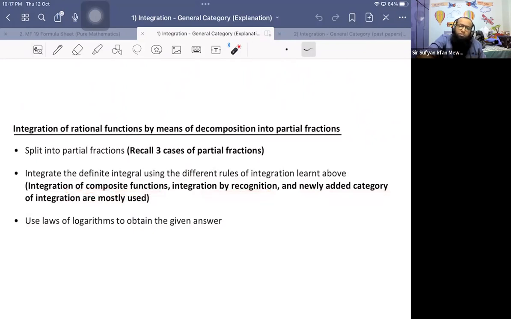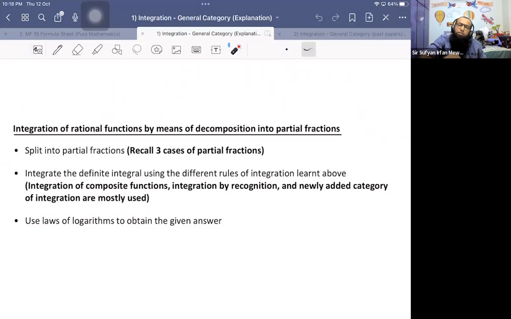Why am I giving suggestions at all points in time that when we'll see this, you have to do that? Because the biggest challenge in P3 is we need to identify what kind of integration we have to do in a particular question. The real challenge is understanding which kind of integration will be applied here. Once we have identified it, then integrating it is not a problem at all if you have a good command.